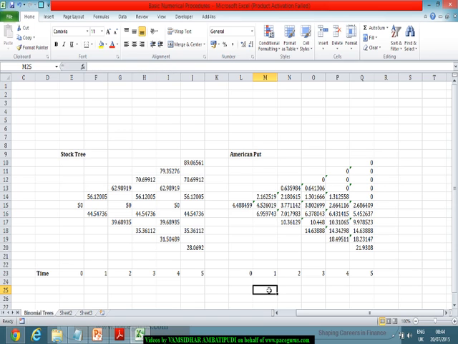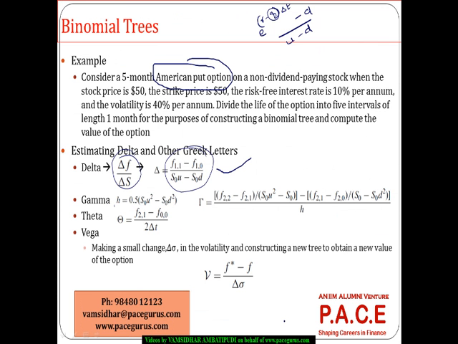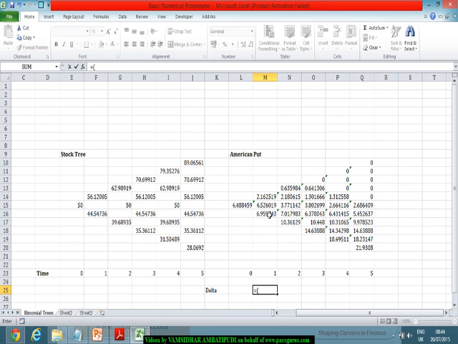So at time period 1, I'll take the delta as F11 minus F10, over the change in stock price. So this is the change in the option price when the stock price has changed from this to this.